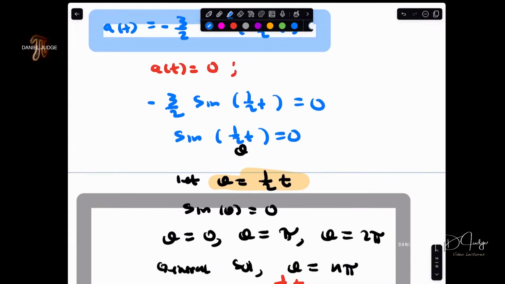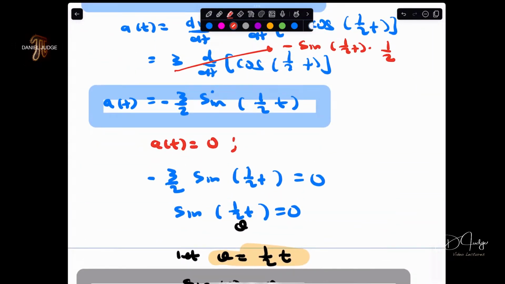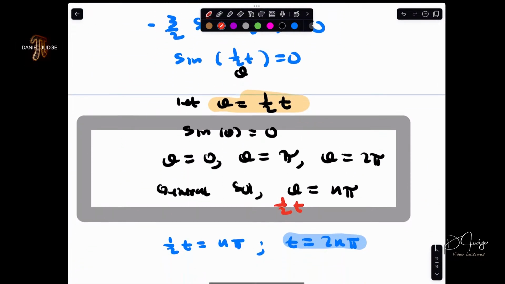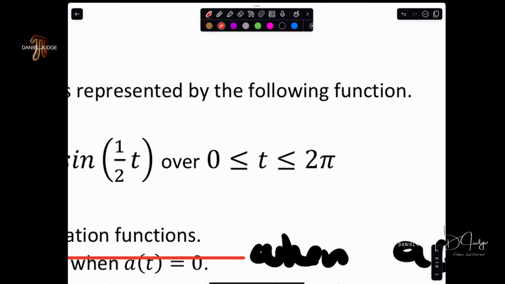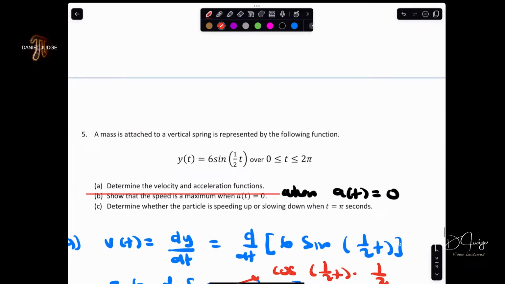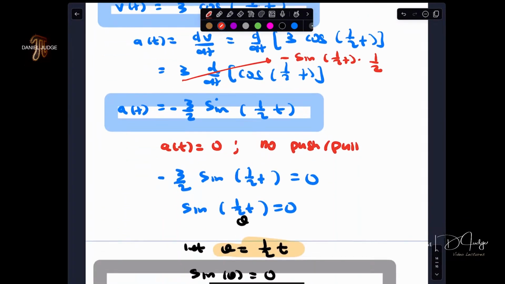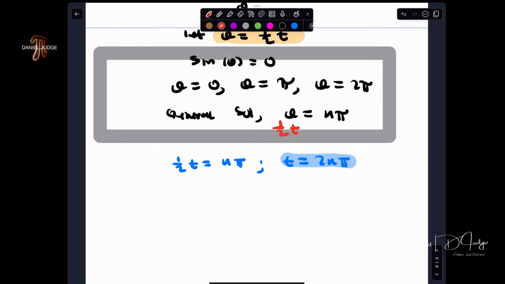Now, what does that mean for acceleration to be 0? That means there's no push or pull. So it's no push or pull for these values of t. If they gave a restricted domain from 0 to 2 pi now, I got to see if that should be changed too. Yeah, maybe. T is 0, right?